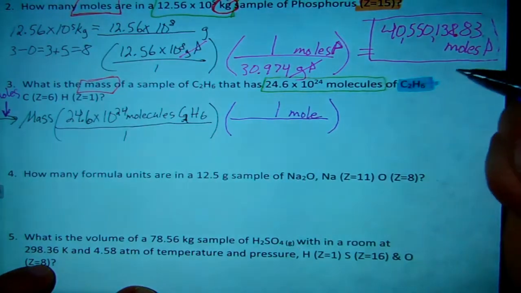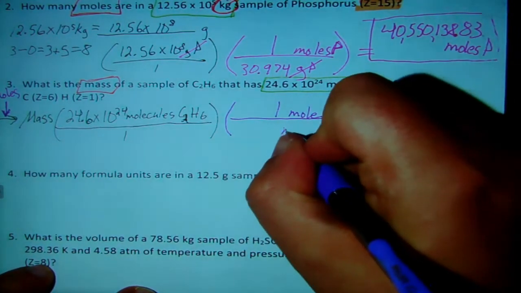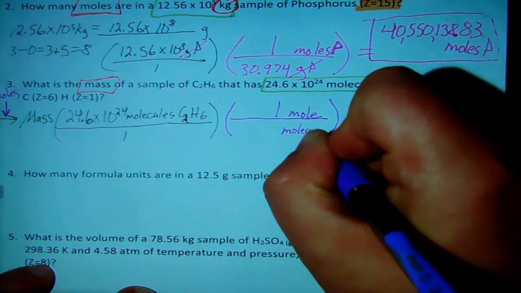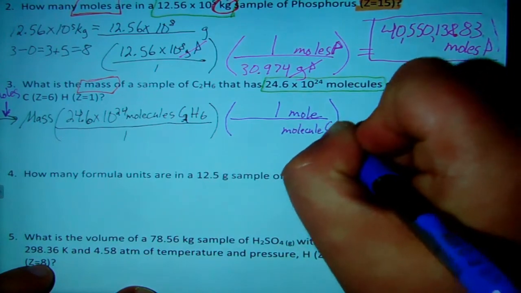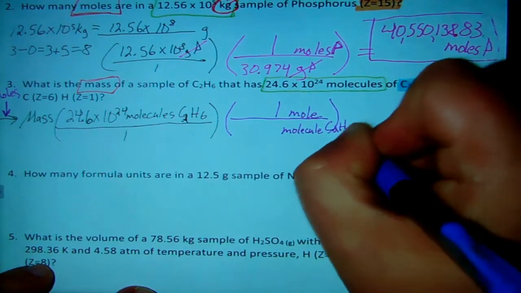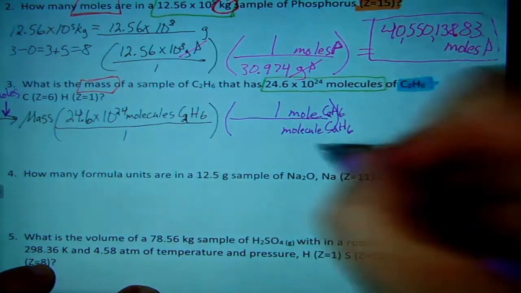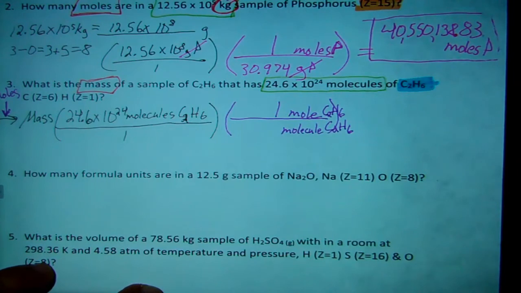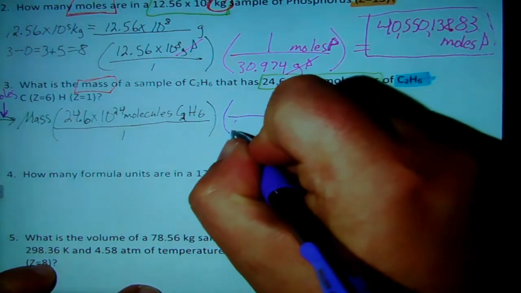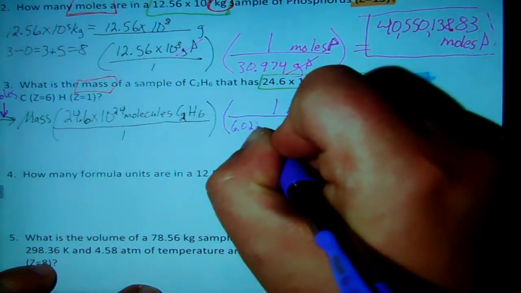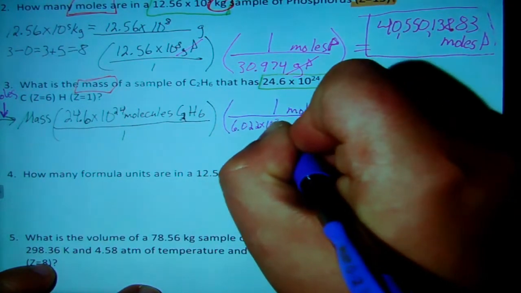Number one goes with moles, and then molecules need to cancel. Molecules is C2H6. I know you can barely see that, but I'm trying to save some room. Now the number that goes down here with molecules is Avogadro's number. I can't stress to you enough, you better memorize that. So 6.022 times 10 to the 23rd.